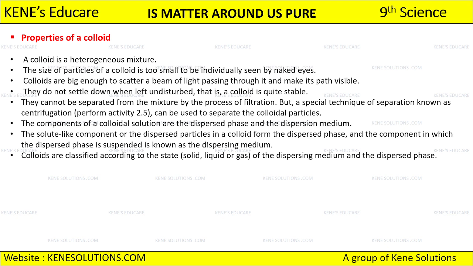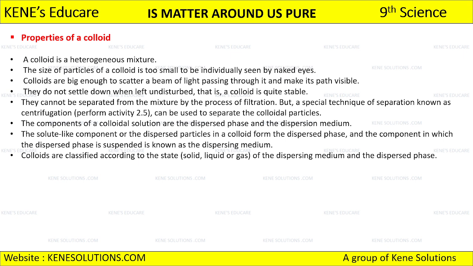So the solute-like component or the dispersed particle in a colloid forms the dispersed phase, and the component in which the dispersed phase is suspended is known as the dispersing medium, the medium in which we are adding the dispersed particle.